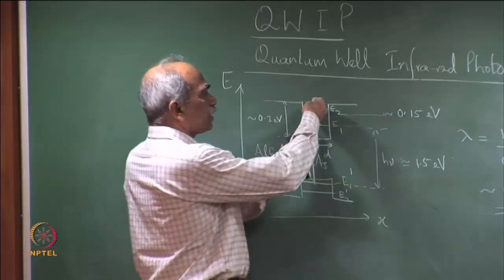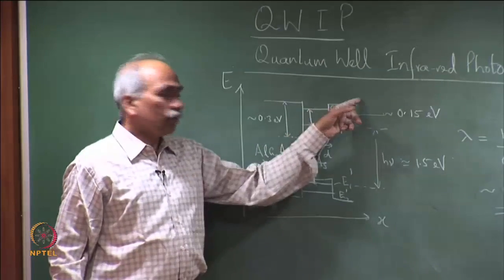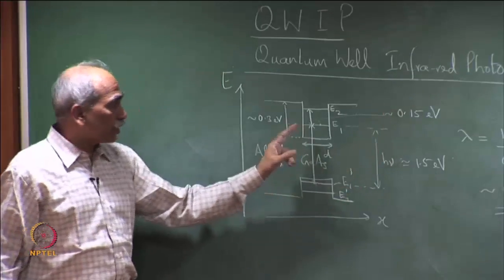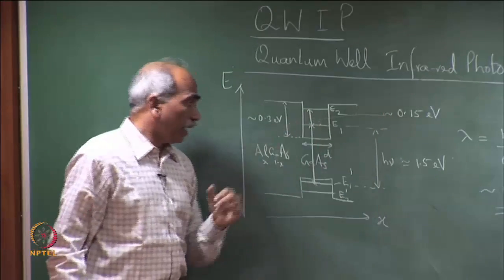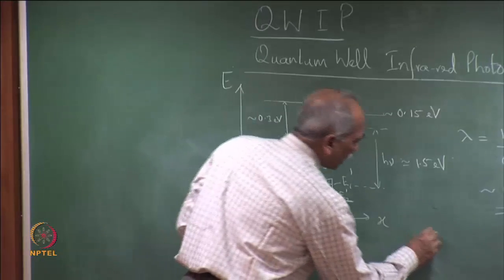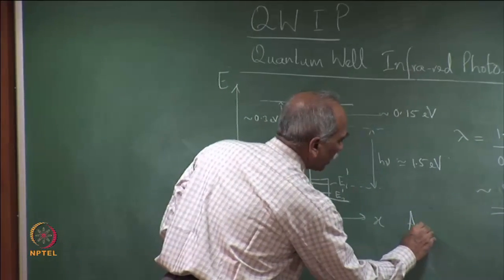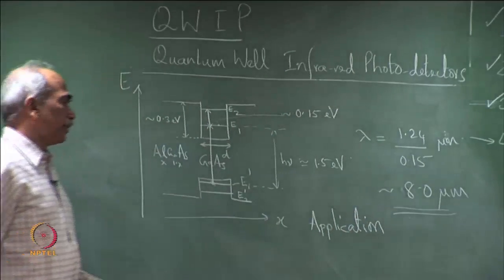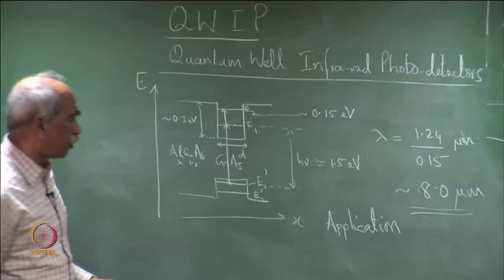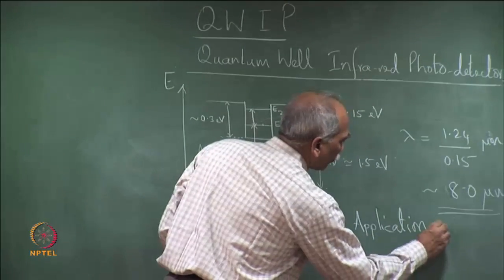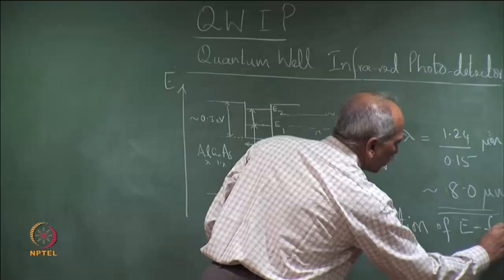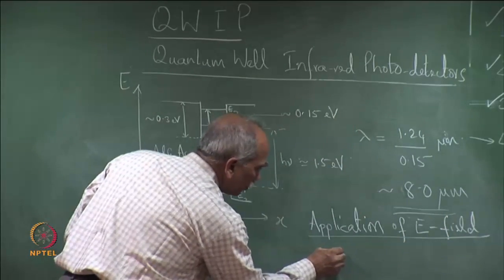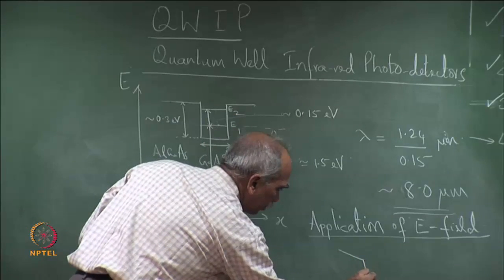Of course, unless we take away the electron from here, the process of detection cannot continue, and one of the ways to do this is by applying an electric field. We have already discussed this in the context of electroabsorption modulators. So, the application of an electric field leads to the energy band diagram tilting.